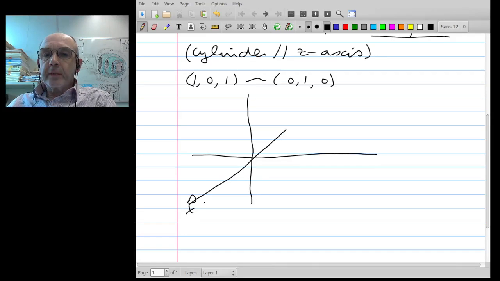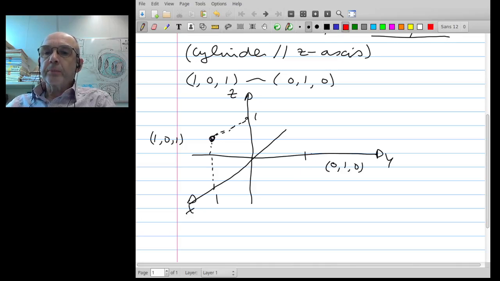So we have the x-axis, y-axis, z-axis. We have the point (1, 0, 1), and you have the point 0 in the x direction, 1 in the y direction and 0 in the z direction. So those 2 points, they were given.